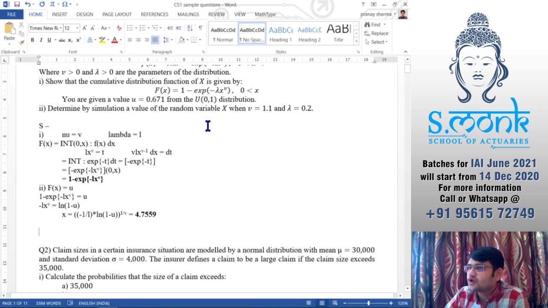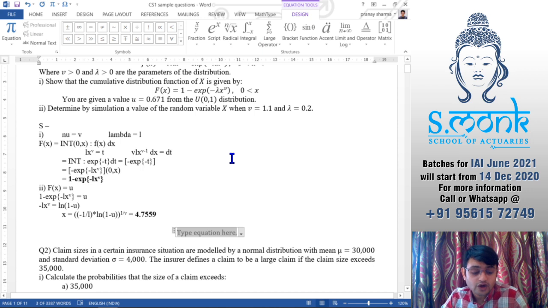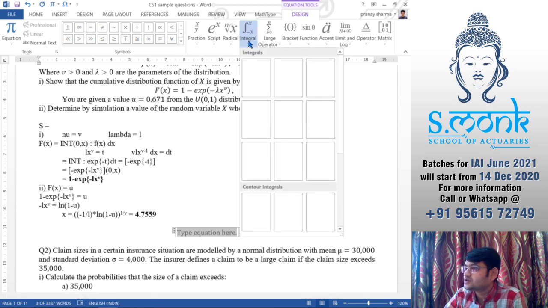So for equation editor I will first tell you the shortcut: the left Alt and equal to button will give you this equation editor box, in which if you want to write integration, you can see you have integration here.